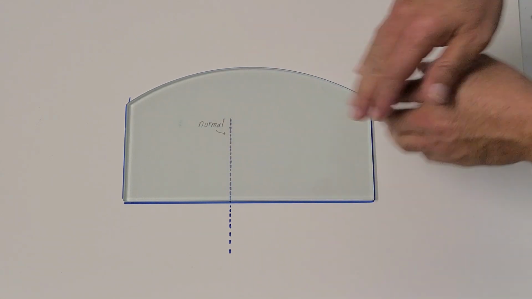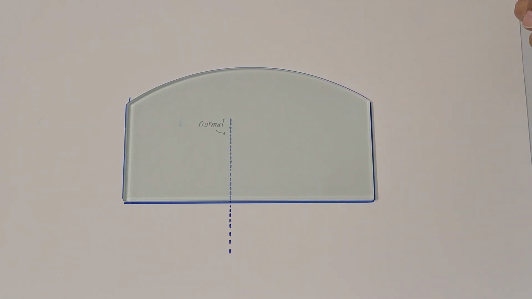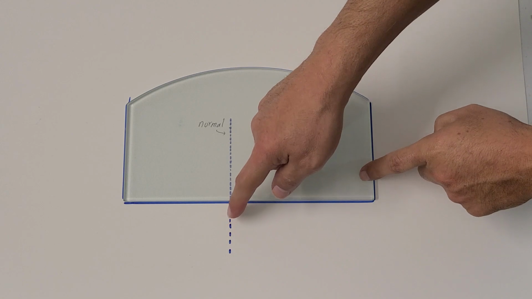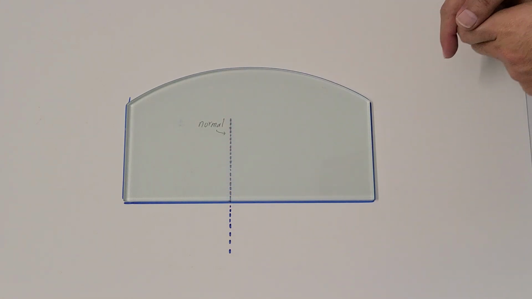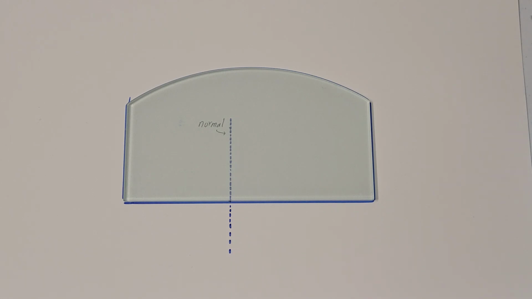I found this material at home, and it works very well for today's experiment. So we have right here the line which represents the normal, and that's the point we are supposed to use for all these refractions. Okay, let's do it.